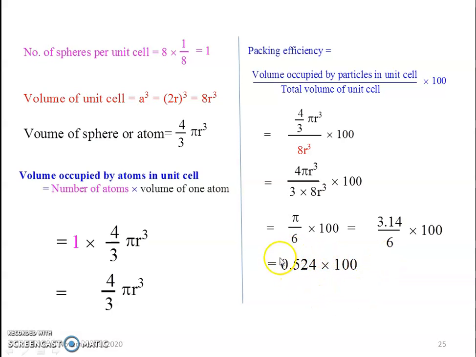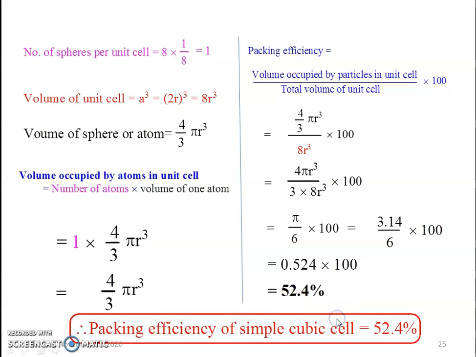When we simplify this, it comes to 0.524 into 100. Actually 0.524 is the packing fraction, and the packing fraction is converted into packing efficiency in percentage just by multiplying by 100. So after multiplying by 100, it gives 52.4%. It means the packing efficiency of a simple cubic cell is 52.4%.